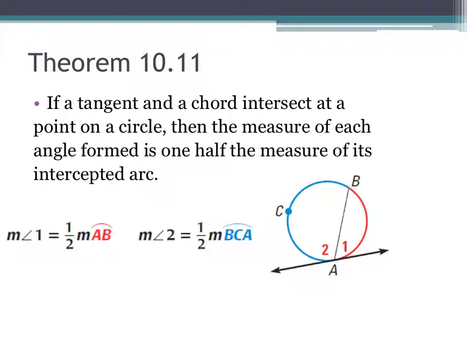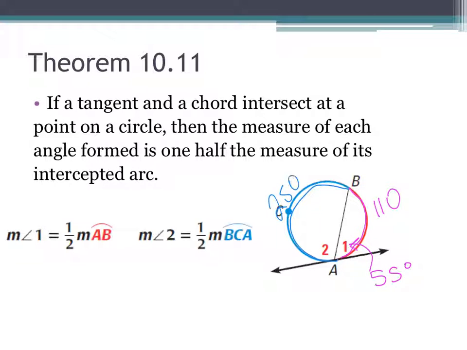So if I gave you that arc AB was 110 degrees, what would angle 1 be? Half of that, 55 degrees, right? Okay, and then what would the arc BCA be? 250, right?